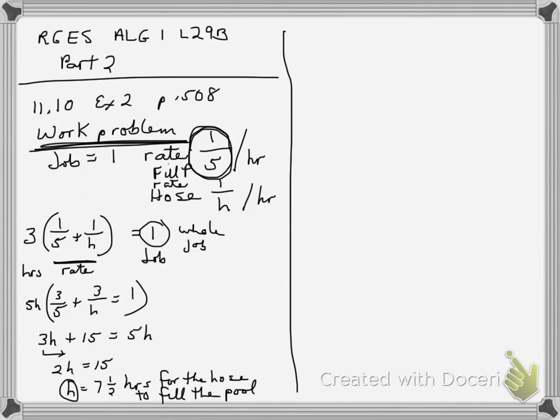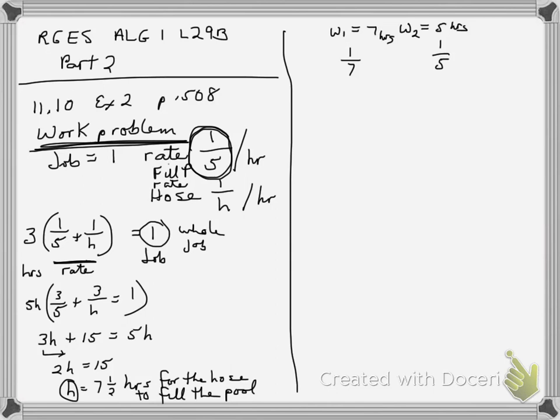So in other words, if I instead had worker number 1 does the job alone in 7 hours, and worker number 2 does the job alone in 5 hours, my 2 rates would be, he does 1/7 of the job every hour. That would be the rate for worker number 1. He does 1/5 of the job every hour, if he's doing it alone.